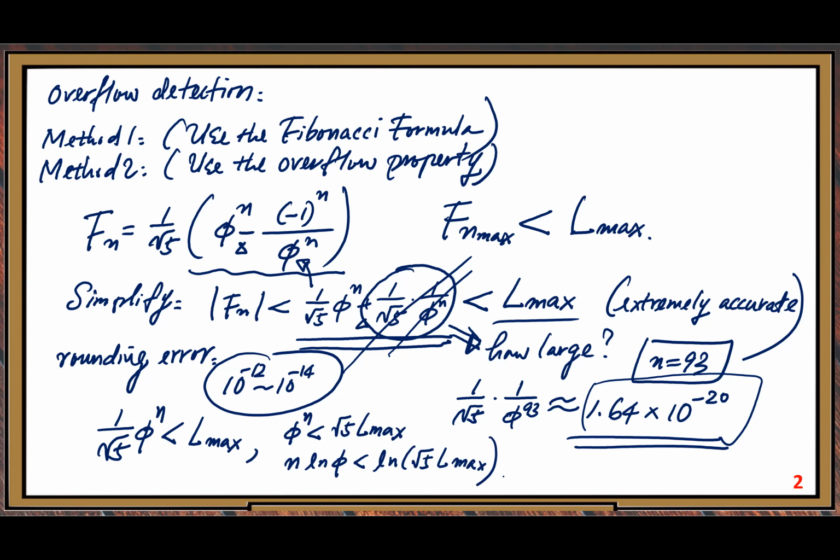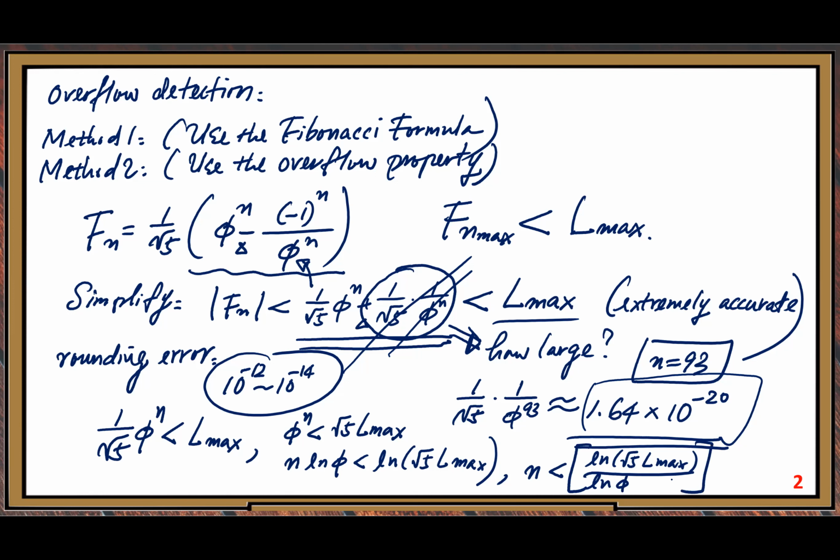Then we have the inequality n less than natural log of root 5 L max over natural log of phi.